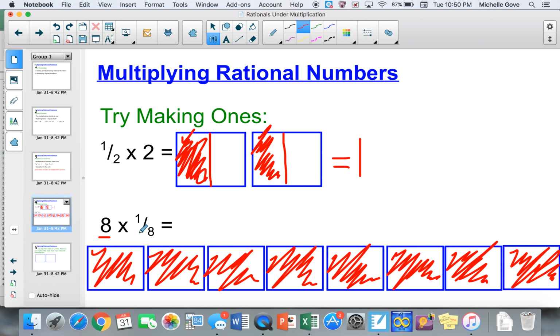And now I'm going to shade in 1/8 of this shaded area. So we'll take a different color, and we're going to do 1/8. It's going to be a very small portion of each of the boxes.